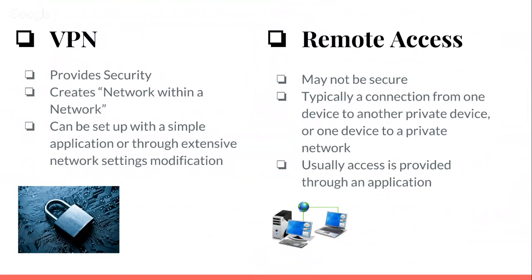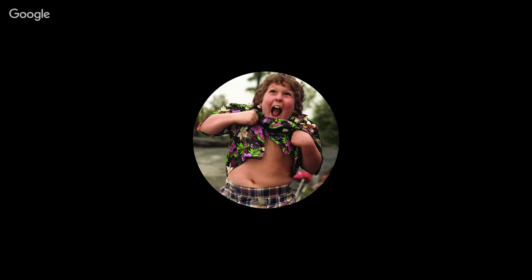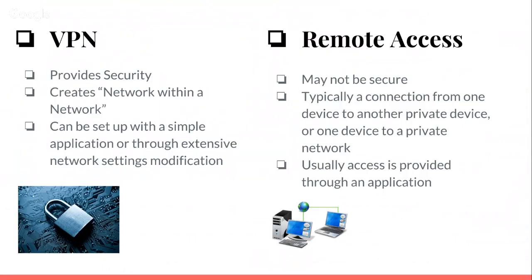You may be connecting to a server or computer that you believe is trustworthy, but you don't know if they one day had a virus on there. Now that you're connecting to their network, there's a possibility you might get something that was on their computer directly toward you. So once again, VPN is very important if you're going to do remote access to any type of network or computer.